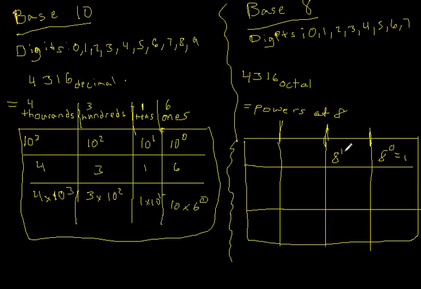8 to the first power equals 8. 8 to the second power equals 64. And 8 to the third power equals 512.